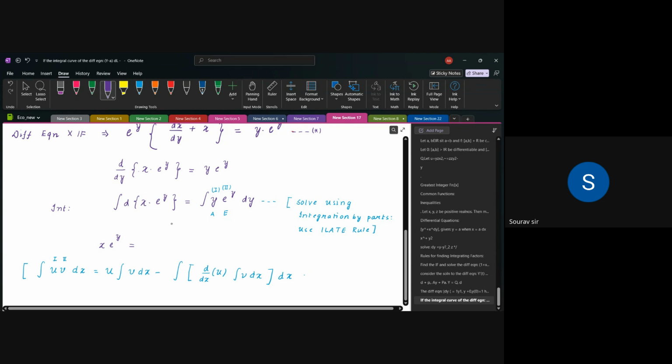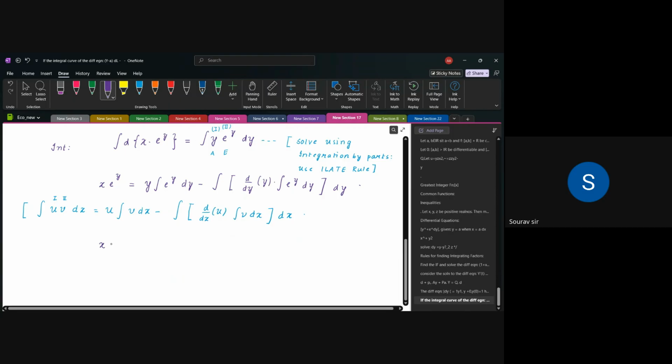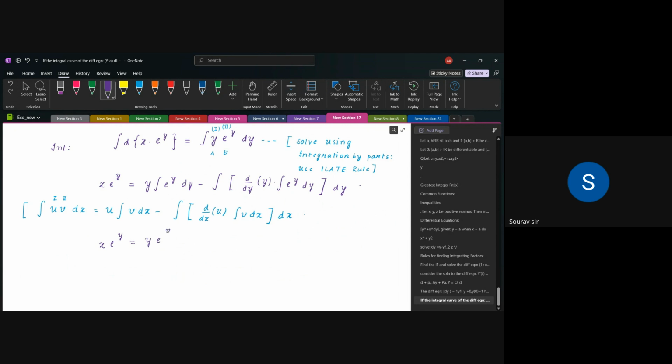So if I use this over here, this will be y times the integration of e^y dy, minus the integration of (d/dy of y) into the integral of e raised to the power y dy, whole dy. Right? Correct? So what will this become? x e^y equals y e^y minus the integral of the derivative of y with respect to y, which is 1, and the integral of e^y is e^y.